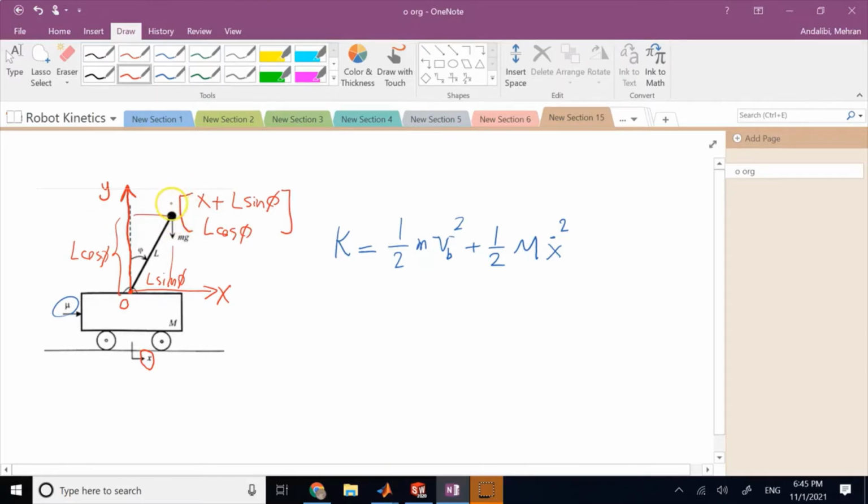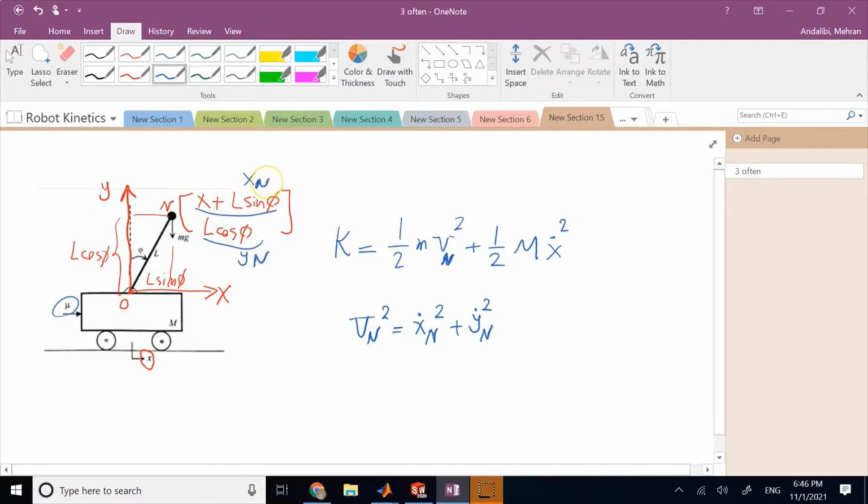Let's say point N. So if that's the case, then I can call this also V of N. Now, what is V of N? V of N squared is clearly x dot of n squared plus y dot of n squared, where this one is x of n and this one is y of n.